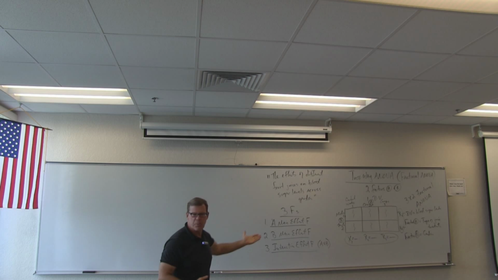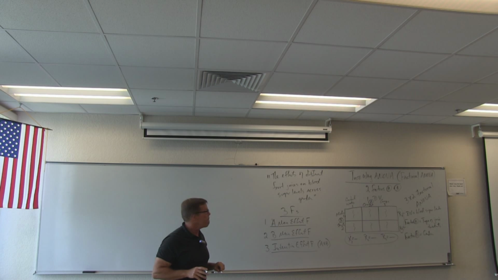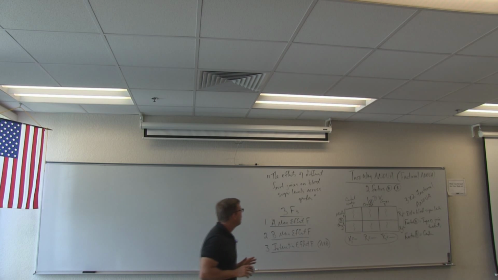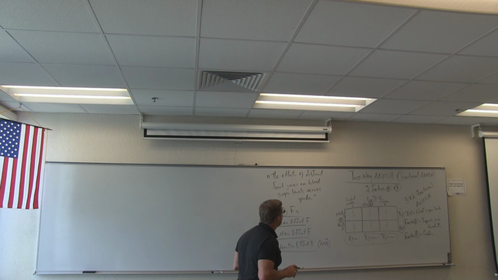Three. I will ask you pretty simple questions. I'm not going to stump you on these advanced ANOVAs, but I want you to know the general characteristics. What's another name for the two-way ANOVA? The factorial ANOVA.